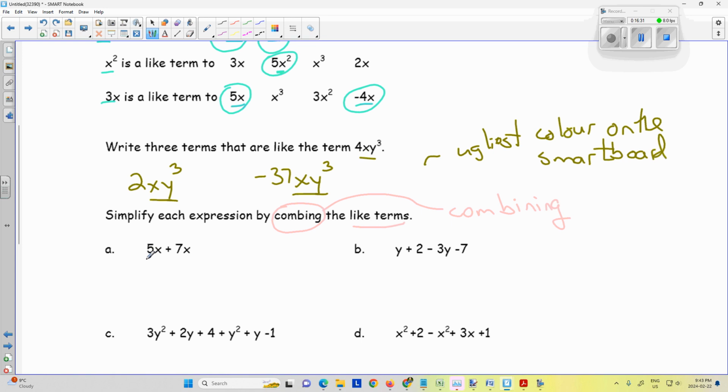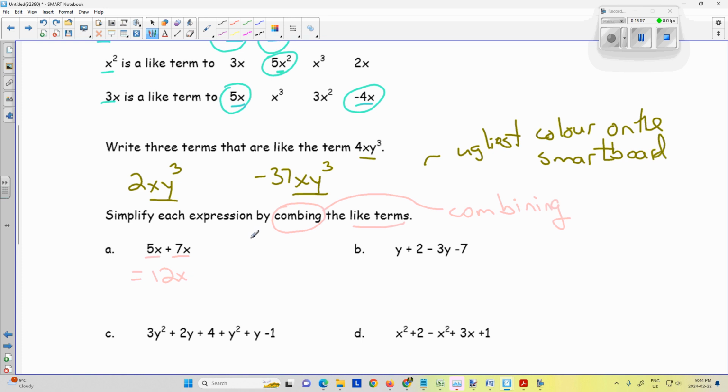And we're going to identify these. We're going to be really neat and tidy with our identifying, meticulous. So we're going to pay very close attention. We're going to underline these because these have the same term. So 5x plus 7x, or if I had 5 O Henry bars plus 7 O Henry bars, I would have 12 O Henry bars, or in this case, I'd have 12 x's.